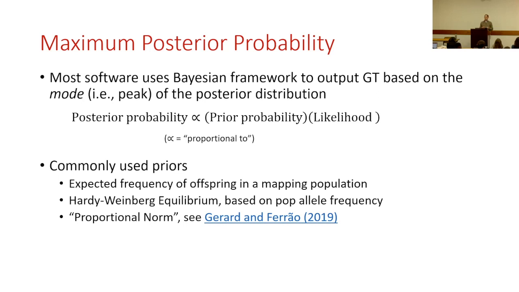If you're in more of a breeding population or more of a random mating context, you can use Hardy-Weinberg equilibrium as your prior. In this 2019 paper by David and Felipe Ferrao, they came up with a more statistical approach called the proportional norm, which is a good default when you don't fit any of these idealized situations. And the results I'm going to show you today are using that type of prior for the analysis.